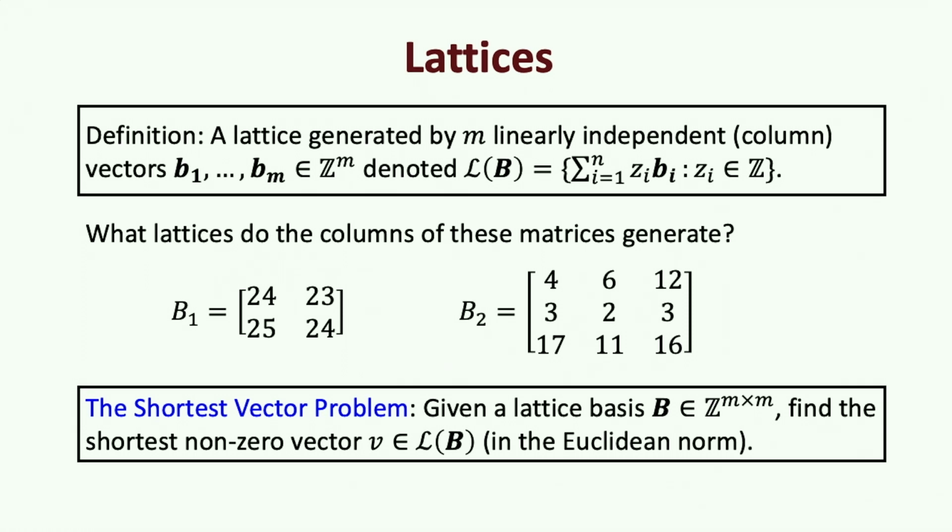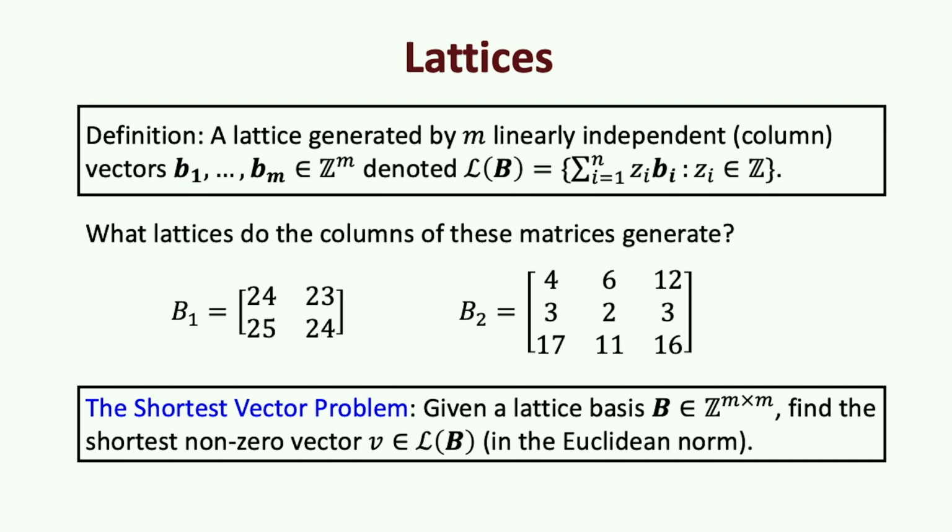Arguably, this problem was studied from the time of Minkowski in the 1900s, although I don't know how much he thought about computation. He showed that, given a basis matrix, there's an upper bound on the length of the shortest vector, and that was useful in a whole bunch of places.